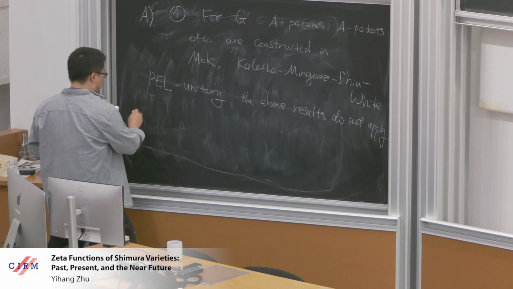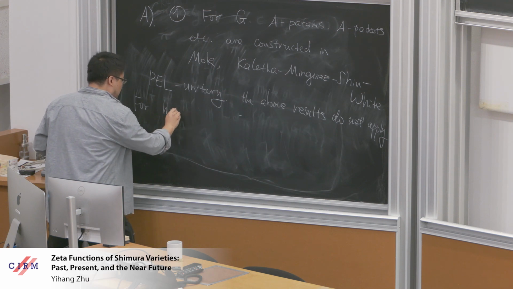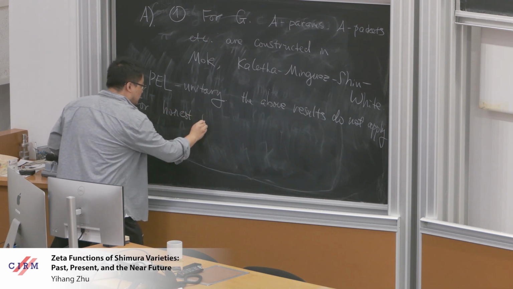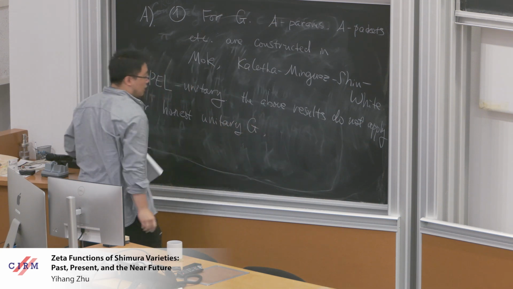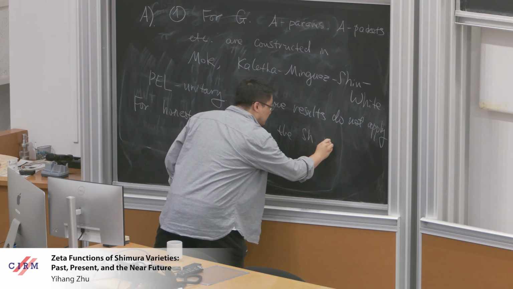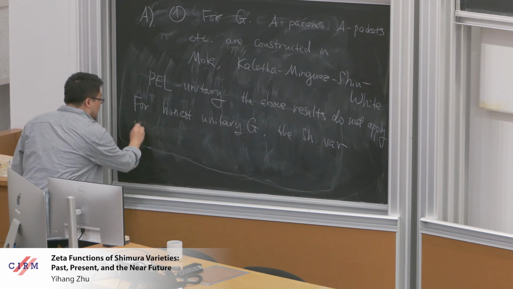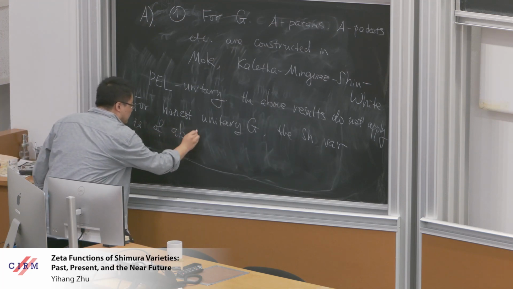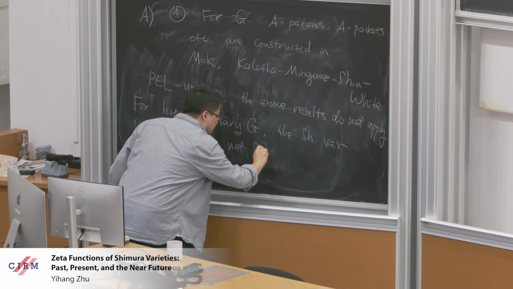And for this honest unitary G, the Shimura variety is of abelian type, not PEL type.